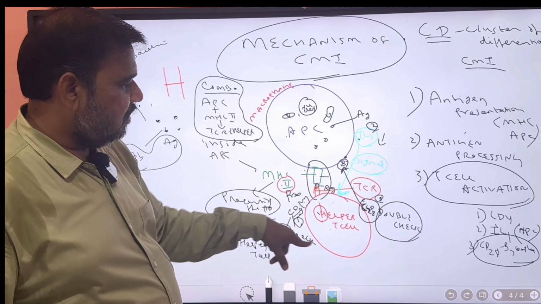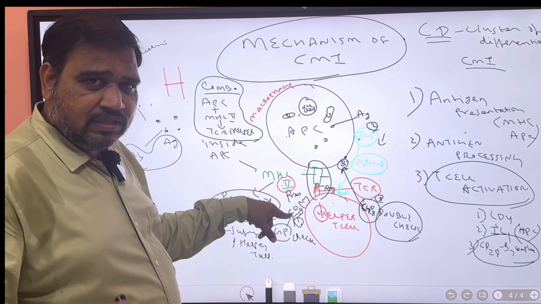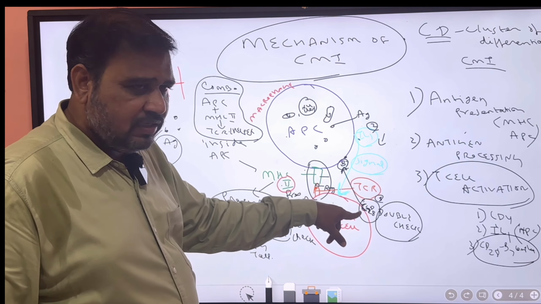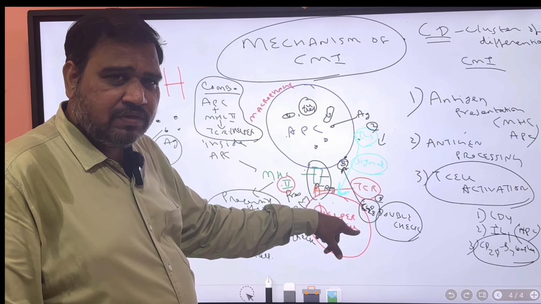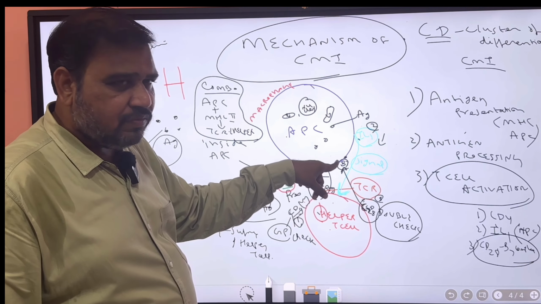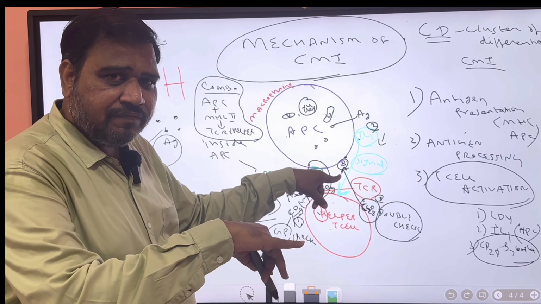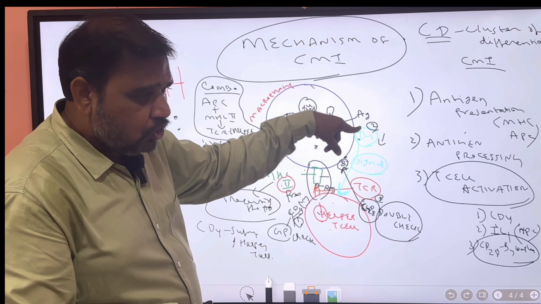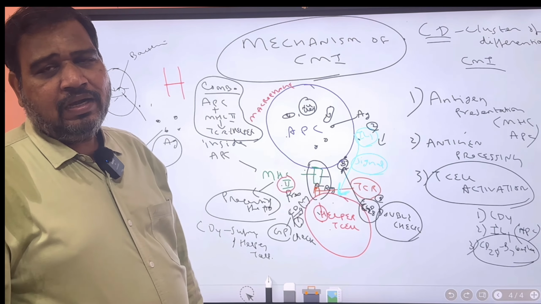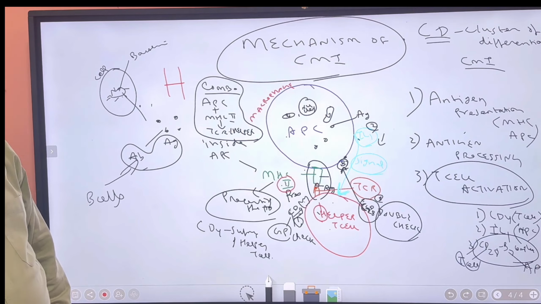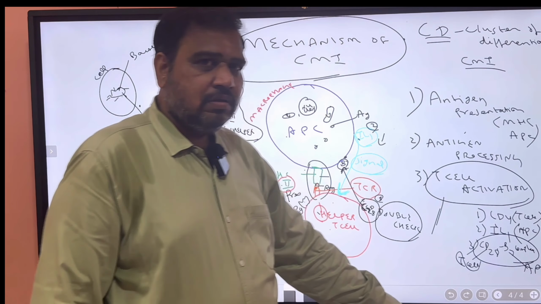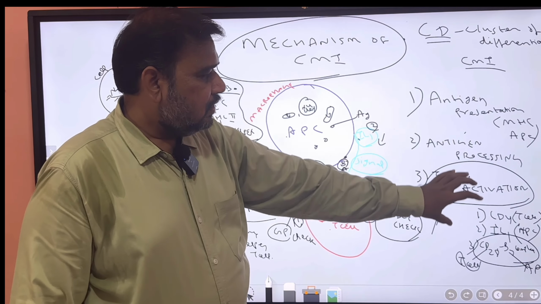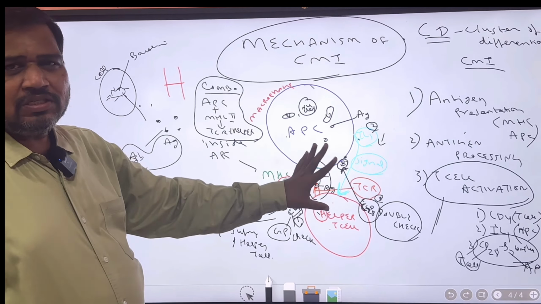This is being checked by CD4 present on the surface of T cell, and CD28 present on the surface of T cell. CD28 communicates with B7 present on the surface of antigen presenting cell. Interleukin 1 is coming from antigen presenting cell. I have written here very clearly. So all these should occur for finishing my activation. Now all this has been checked.